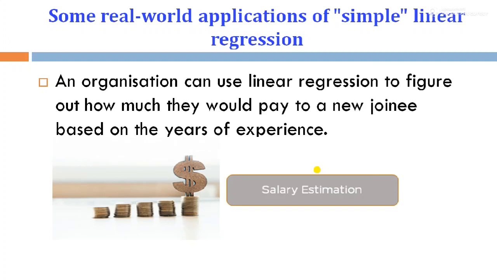It can also be used in salary estimation. An organization can use linear regression to figure out how much to pay a new joinee based on years of experience. Here years of experience is the independent variable and how much a company pays a new joinee is the dependent variable.